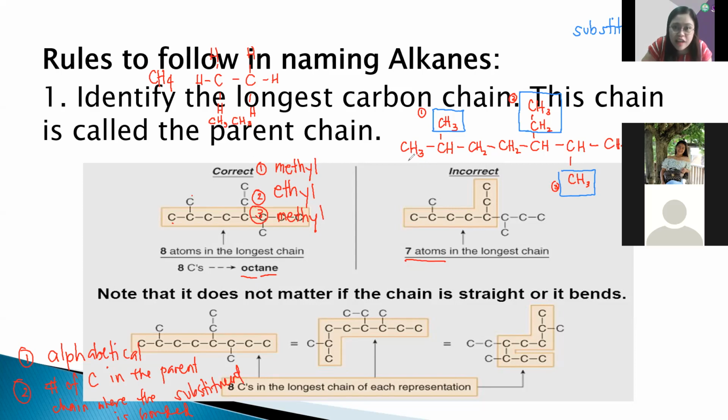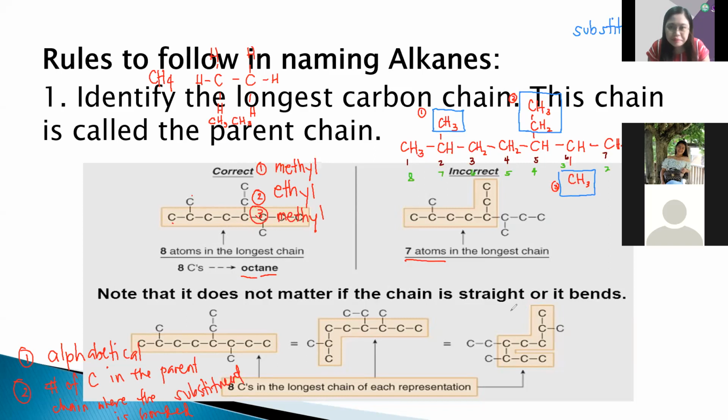So isusulat ko siya ha. This is carbon number 1, 2, 3, 4, 5, 6, 7, and 8. Pero kung babaliktarin natin siya, let me change the color of my pen again. This is carbon number 1, 2, 3, 4, 5, 6, 7, 8.